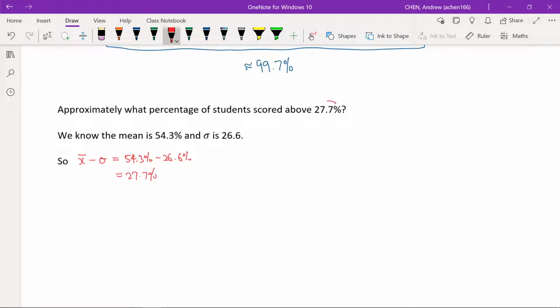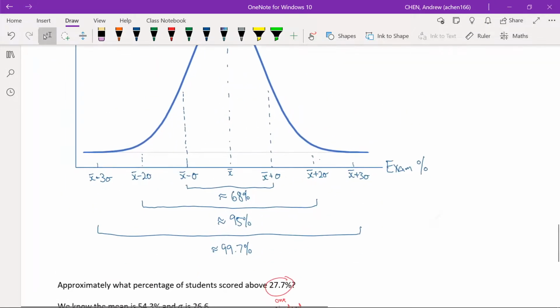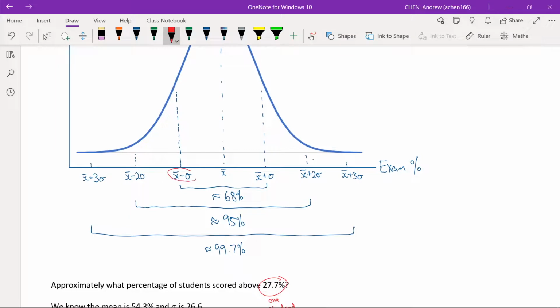So this number represents one standard deviation below the mean. On the graph, you really need to use the graph for any sort of normal distribution question. That represents this value.